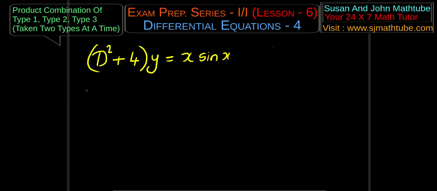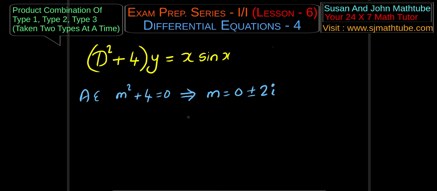So as always, let's start. So what's the first thing to do? Auxiliary equation, that is m square plus 4 equal to 0. Use a calculator or otherwise solve it. We'll get m equal to 0 plus or minus 2i.